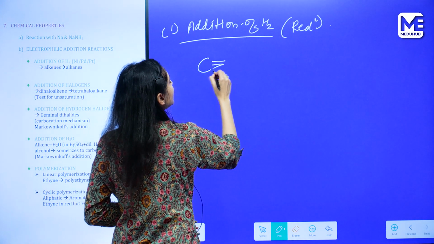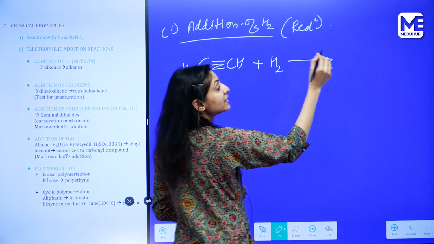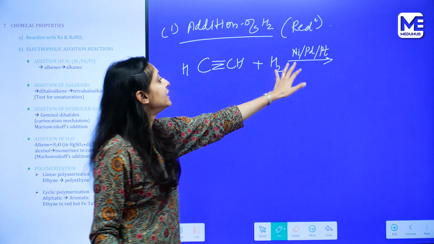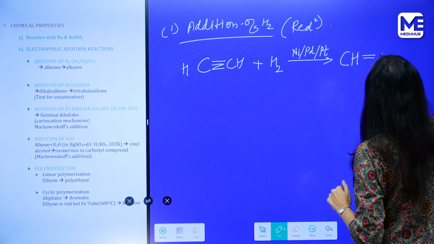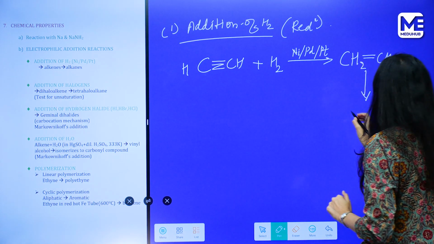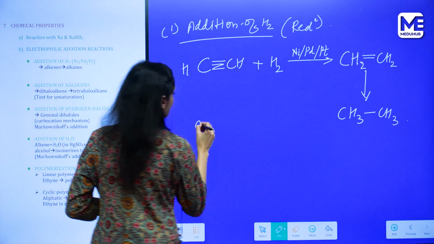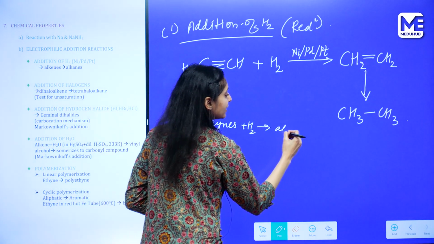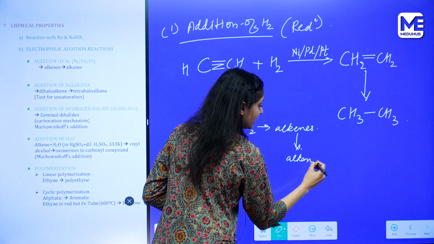So if you have an alkyne and hydrogen is added to it in the presence of catalysts like finely divided nickel, palladium or platinum, first we will get an alkene, and then further addition of hydrogen will give us an alkane. So from alkynes, when adding hydrogen, we will first get alkenes and then further we will get alkanes.